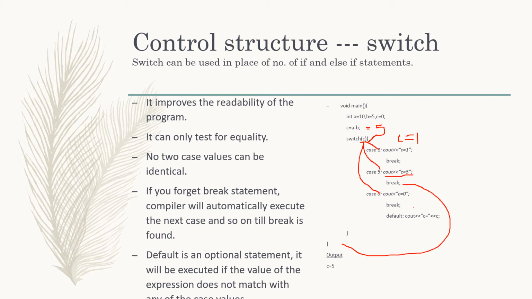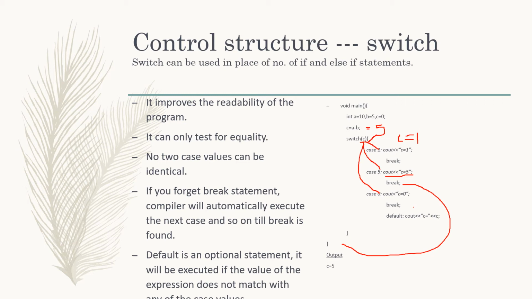Default is an optional statement. It will be executed if the value of the expression does not match with any of the case values. So in this case, if we have say a is equal to 11 and b is equal to 5, so a minus b is equal to 6. Now I don't have any case for checking equality with 6.